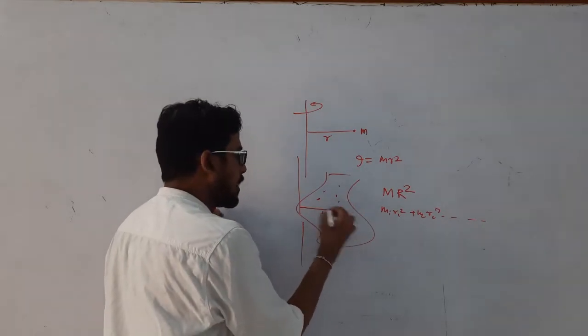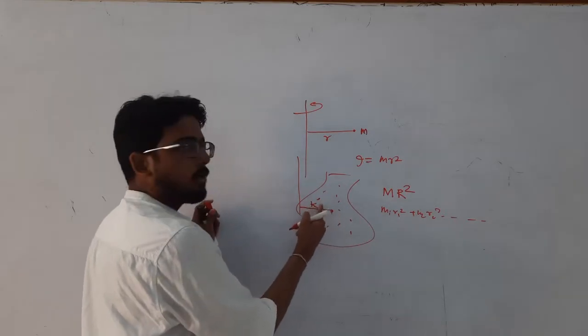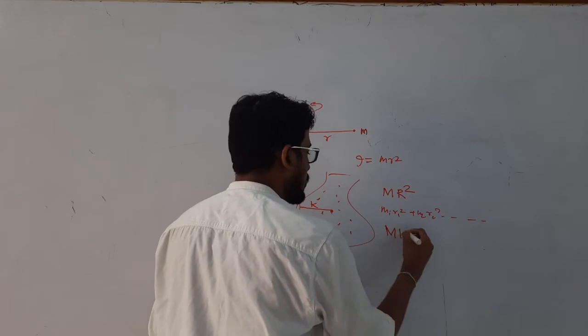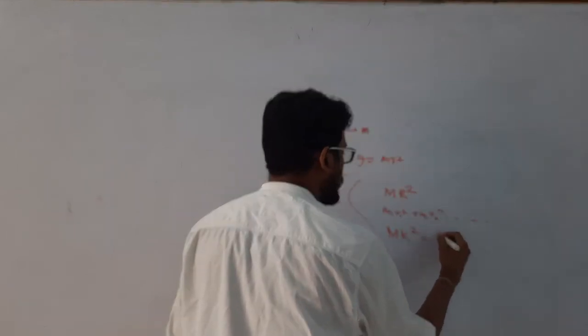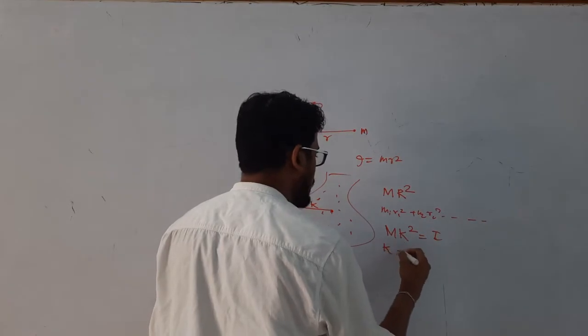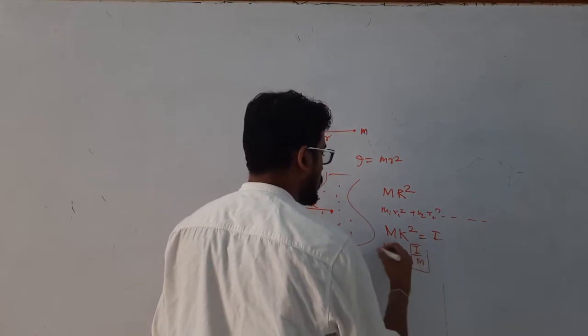The distance of this point from the axis of rotation is known as the radius of gyration. So total mass of the body into the square of the radius of gyration is equal to the moment of inertia of the body. From this, the radius of gyration k is equal to the square root of I divided by m.